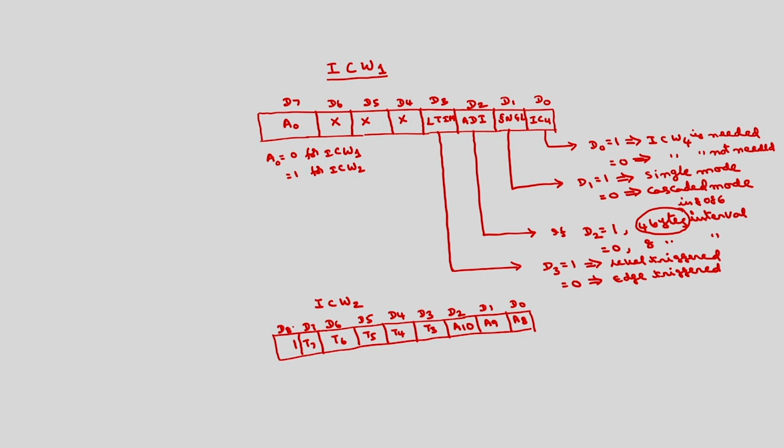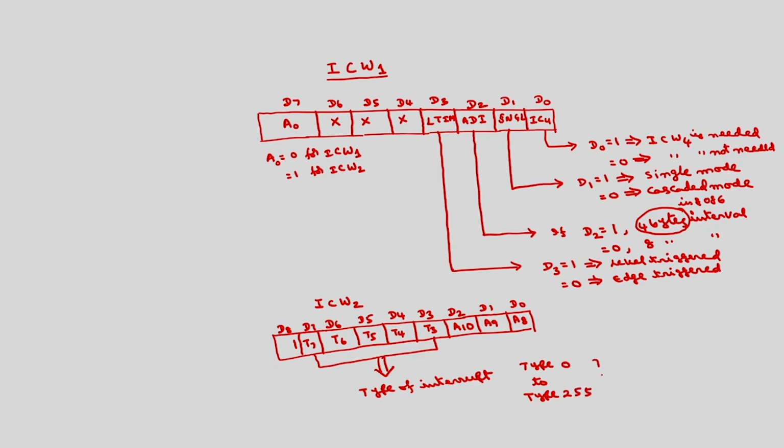These bits in case of 8086 will decide the type of interrupt. We know that in case of 8086 there are 256 types of interrupts, type 0 to type 255. This we have discussed while discussing the interrupt system of 8086.